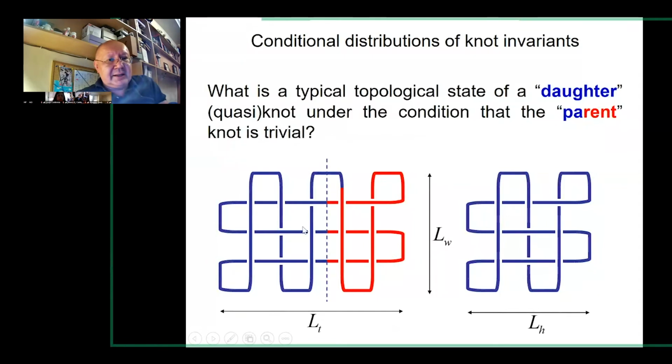And now what I do is the following. I make a cut, I remove the red part, and I reclose the open ends. And now I ask the question, does the remaining part remember that it was a part of a knotted configuration or not?